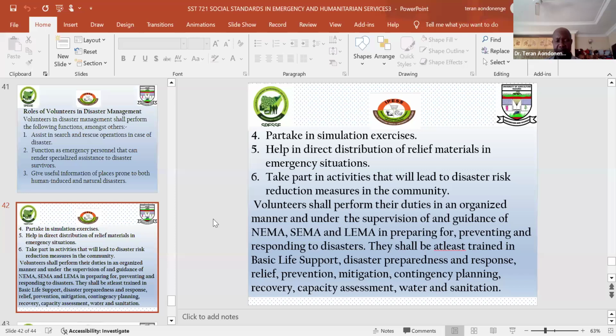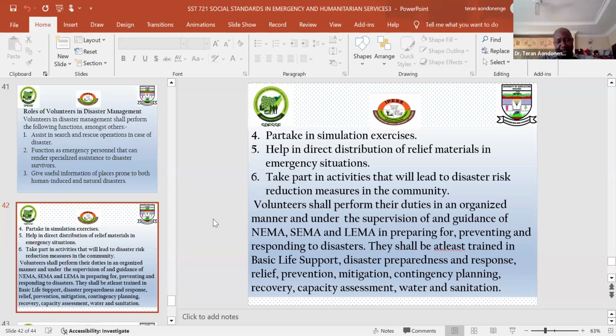Apart from simulation exercises, they help in direct distribution of relief materials in emergency situations. They take part in activities that lead to disaster risk reduction measures in the community. The volunteers shall perform their duties and be organized under the supervision and guidance of SEMA and then LEMA. All of these are functions of the volunteers organization.